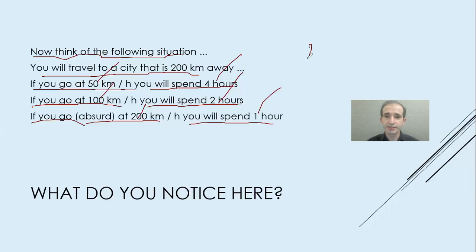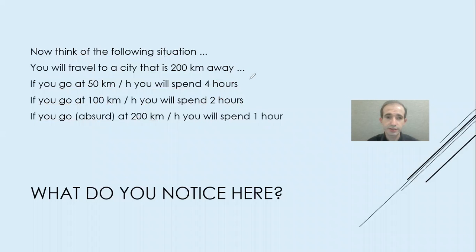The first speed, 50 kilometers per hour, during 4 hours, produces how much if I multiply these values? 200.